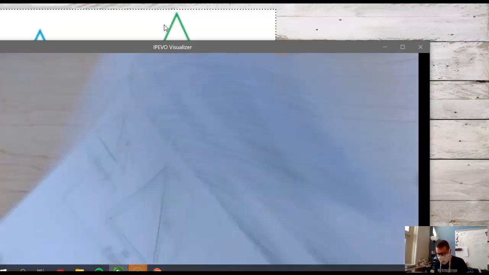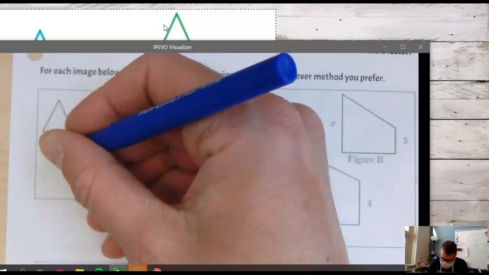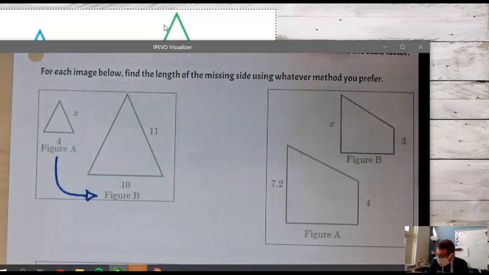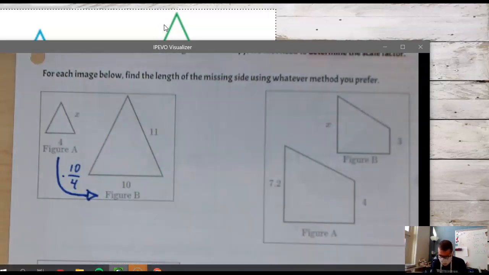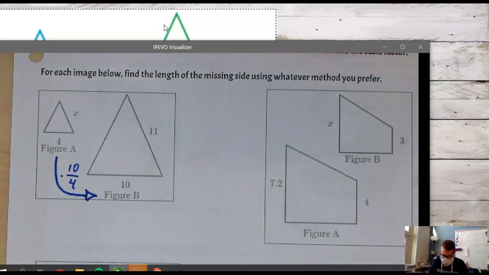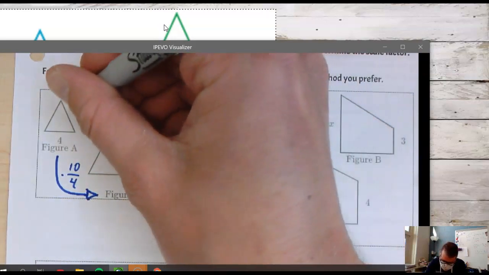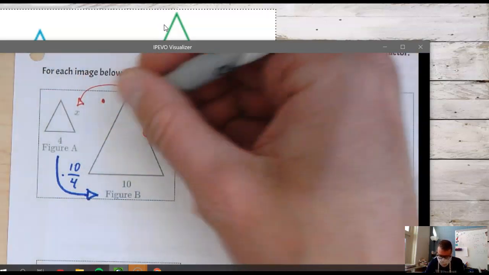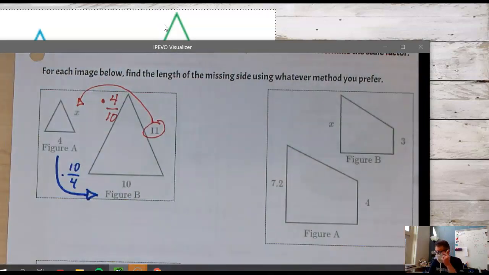Right? So now on these notes, instead of going from A to B and multiplying by 10 over 4, we're going to go the other direction. Now, you could talk about it like division, but we don't want to. We just want to keep everything as multiplication. We use the reciprocal. We flip our fraction.